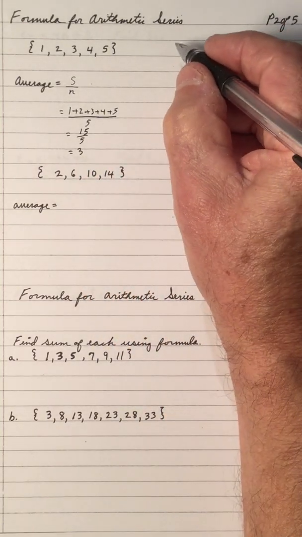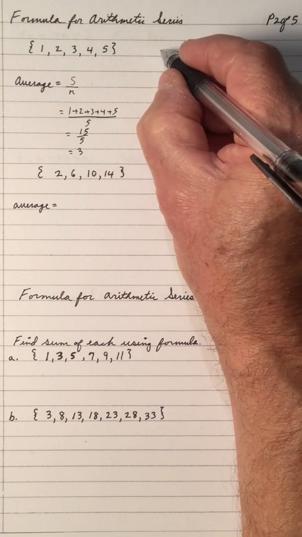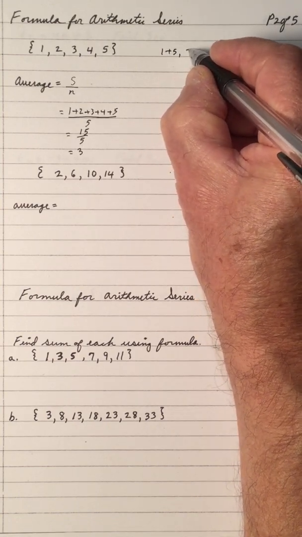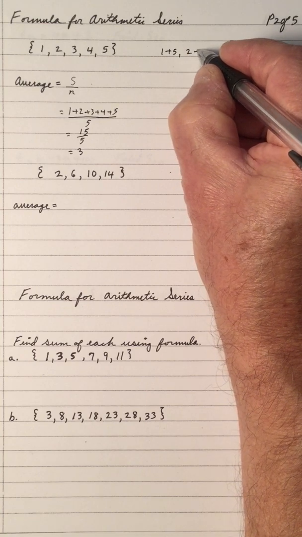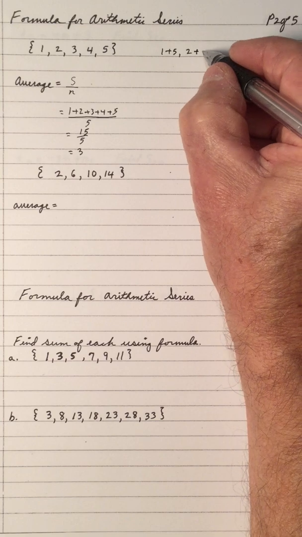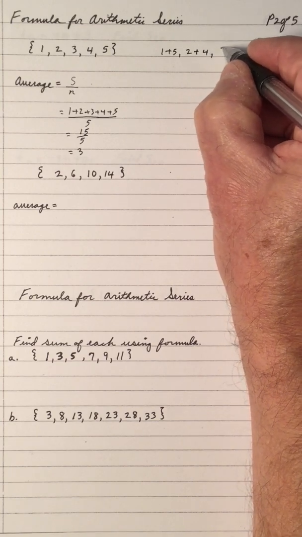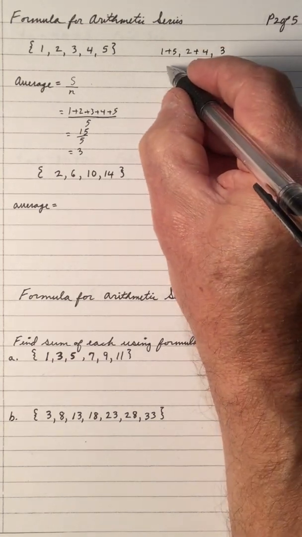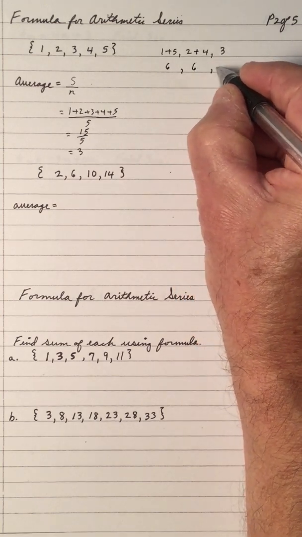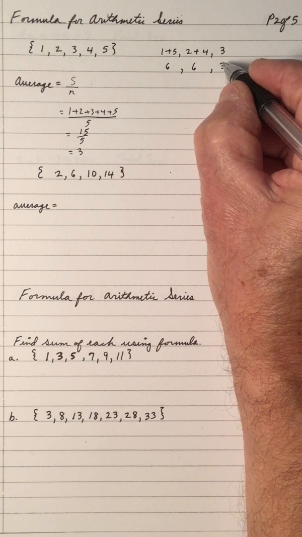So if we take the numbers 1 plus 5, and we take the numbers 2 plus 4, and we take the number 3, we notice that the pairs add up to 6, and that's just a 3.